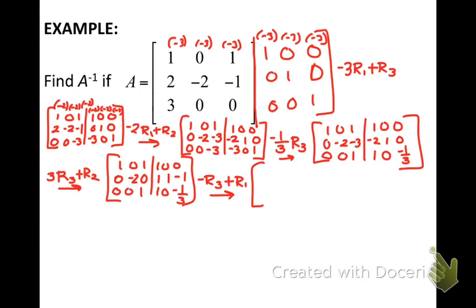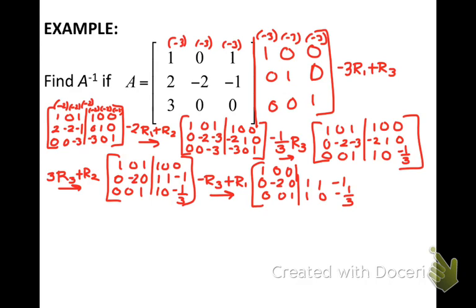So 3 stays the same. 2 stays the same. So row 1: the negative of 0 is 0, plus 1 is 1. The negative of 0 is 0, plus 0 is 0. The negative of 1 plus 1 is 0.